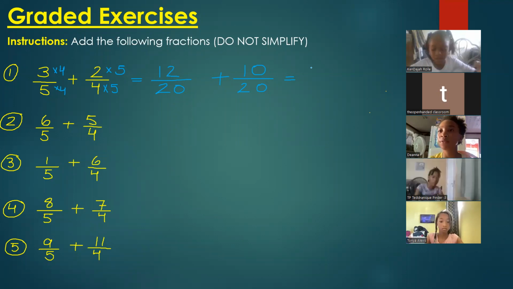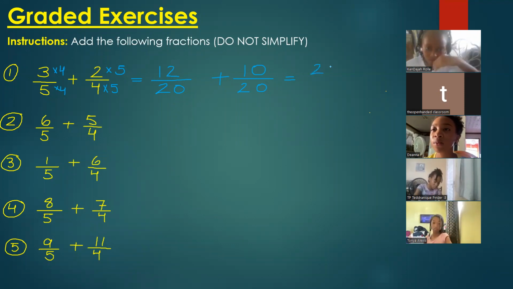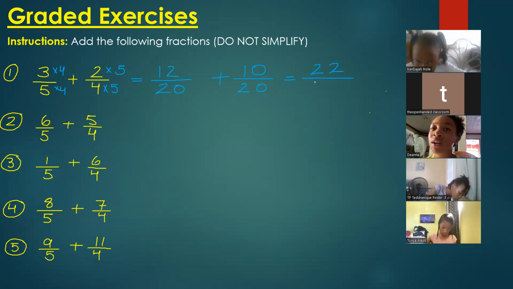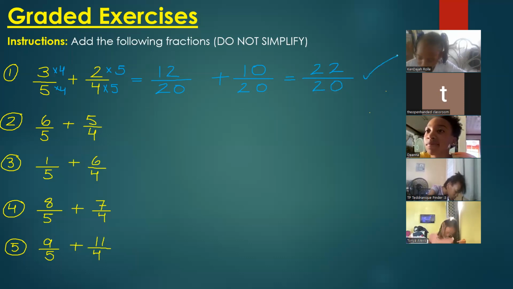But if you don't feel like it's right, you could set it up. So 12 plus 10. We say 2 plus 0 is 2. And then 1 plus 1 is 2, which equals 22. And we never add or subtract the denominator. We just put the same denominator down. Excellent. Excellent job, Diana. Very good. So the correct answer is 22 over 20.